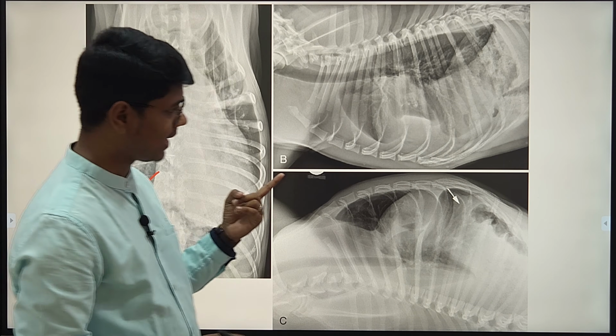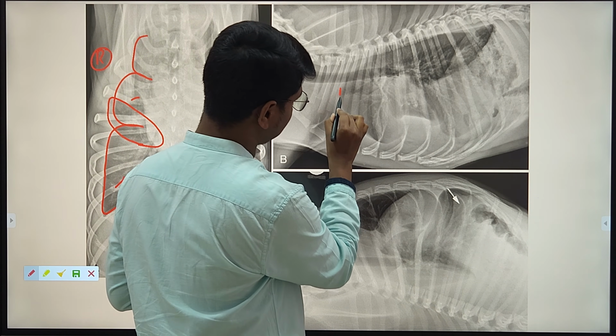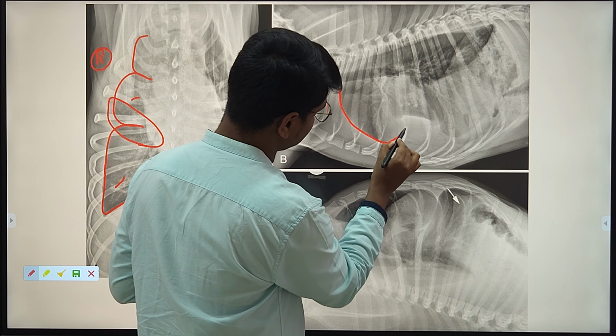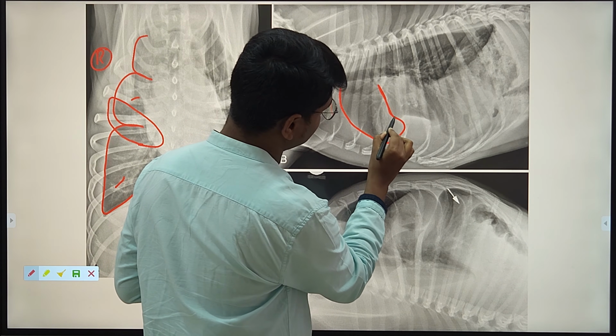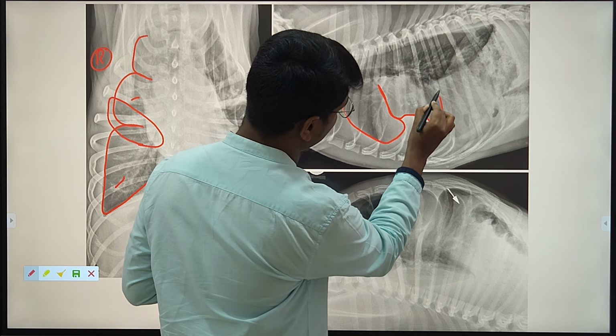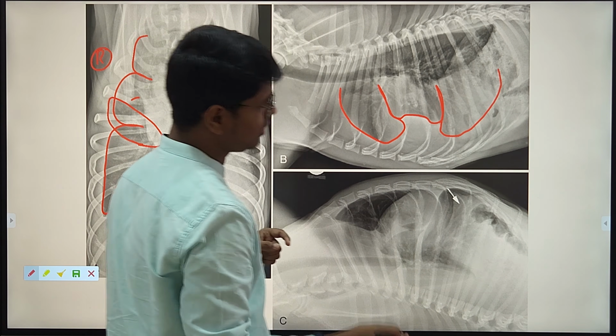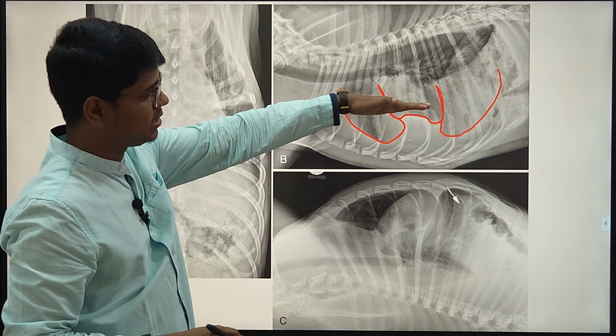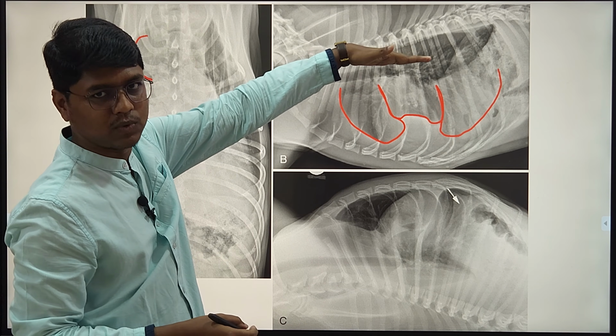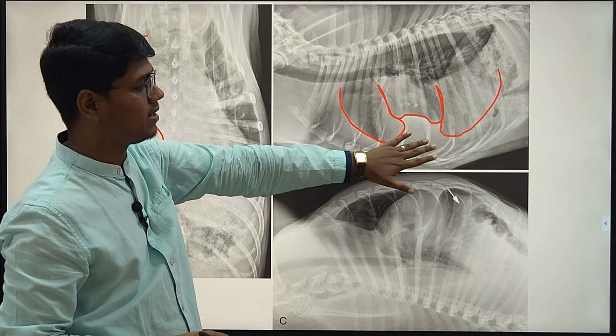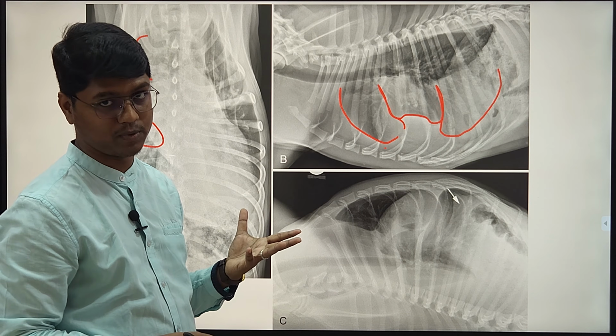Also, if you see the lateral view, you see here the lungs. See, this is one lobe, this is another lobe, and this is another lobe. Lobes are very much clearly visible, and the lungs seem to be floating. Okay, this is also evidence of pleural effusion.